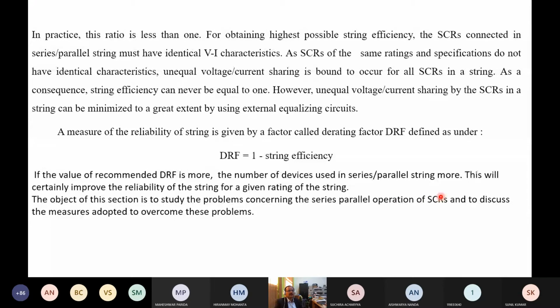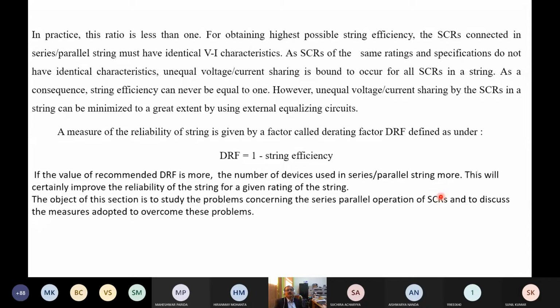In practice, this ratio is always less than 1 because, as I told you, the devices connected in series having the same rating specification may not have the same voltage current characteristics. Therefore, unequal distribution of voltage is bound to happen during switching and steady state conditions, which we'll discuss in detail, and therefore the string efficiency is always less than 1.